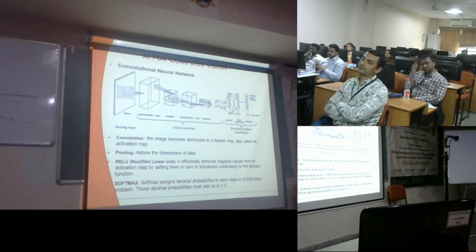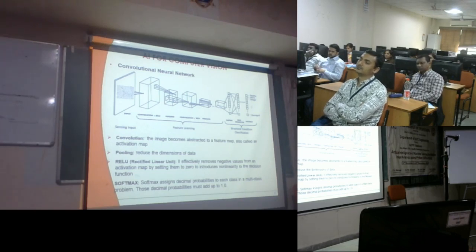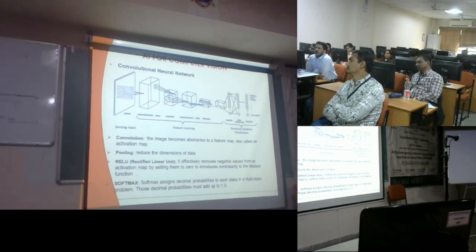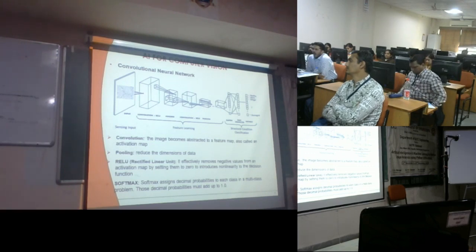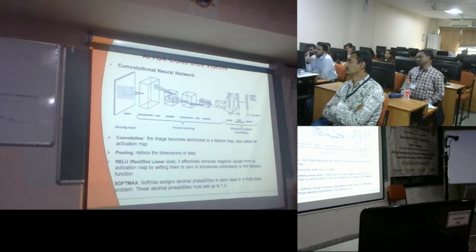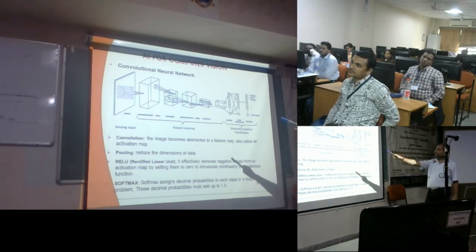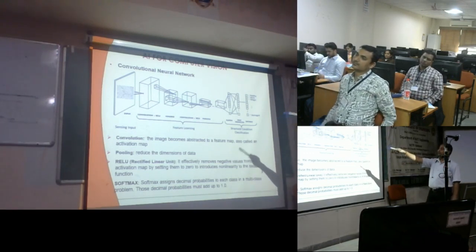For example, you are trying to analyze an image which can reflect a cat, a rat, a pigeon, or a parrot, and it can assign the probability that for this image the probability of the parrot is this, the probability of the pigeon is this, like that, and the sum of those probabilities must be equal to 1.